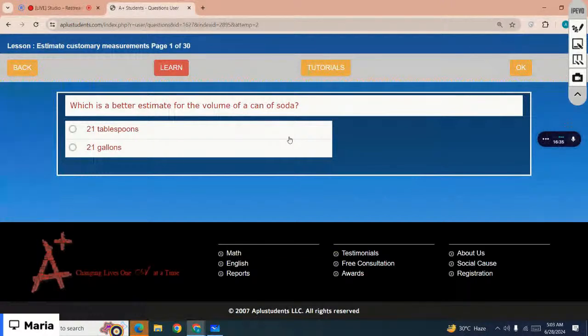The correct option is, that is a can of soda, right? So that must be 21 tablespoons because 21 gallons is too much for a can of soda, right?